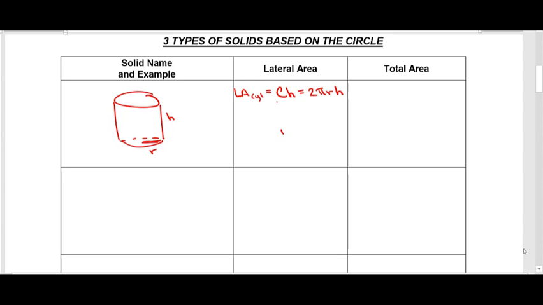The circumference we're talking about is the circumference of the base. The total surface area will just be the lateral surface area plus two times the area of the base.